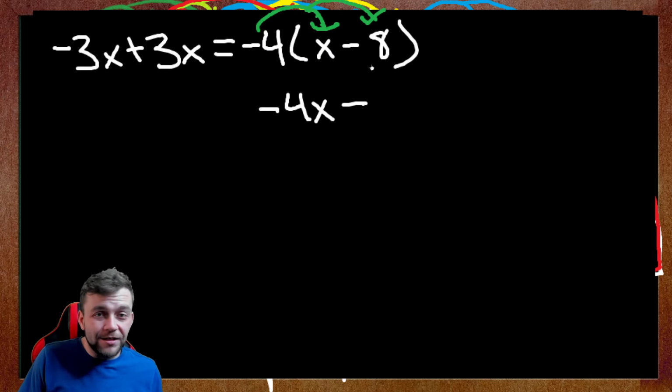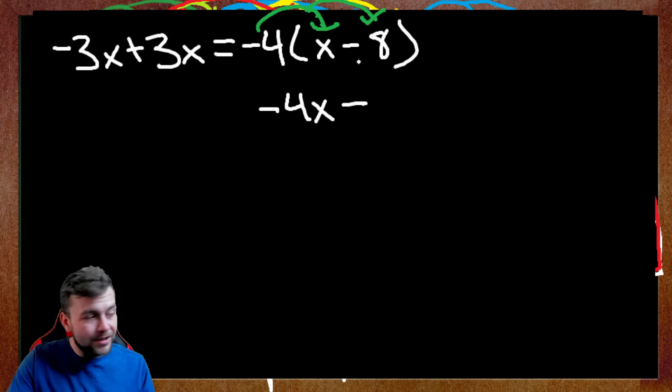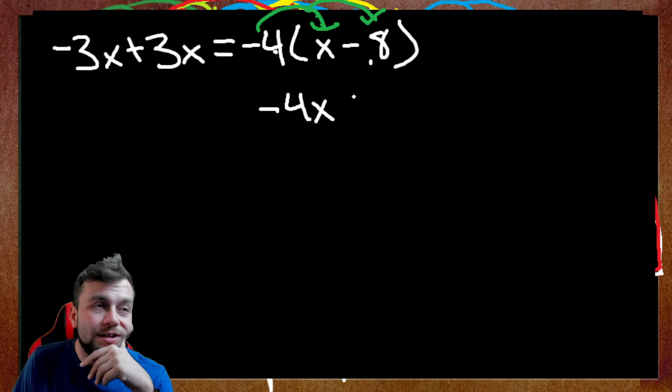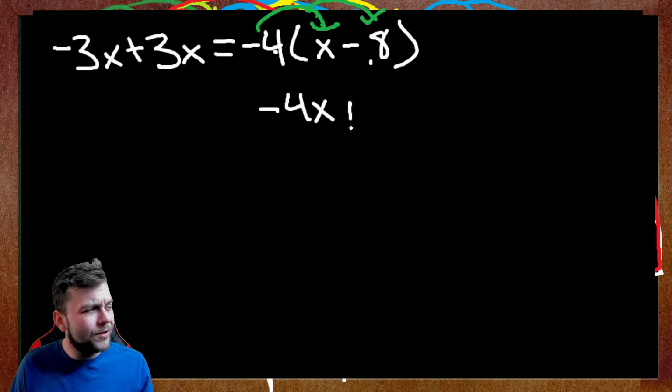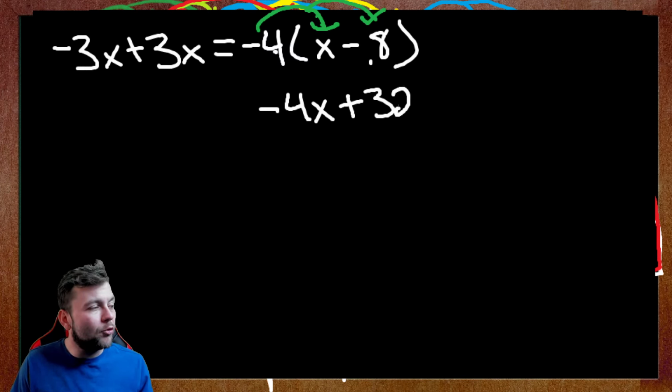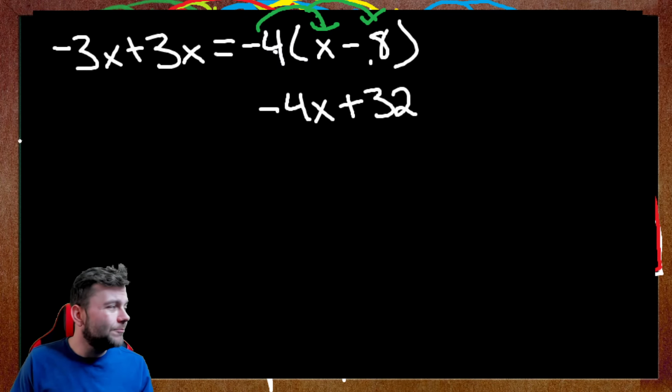Then negative 4 times a negative 8. What's a negative 4 times a negative 8? That is a positive 40. No. Geez. 32. Positive 32. Had a brain blast there, ladies and gentlemen.